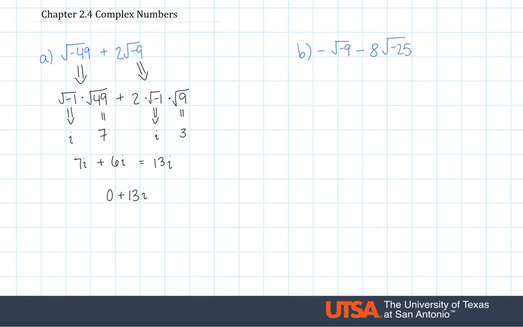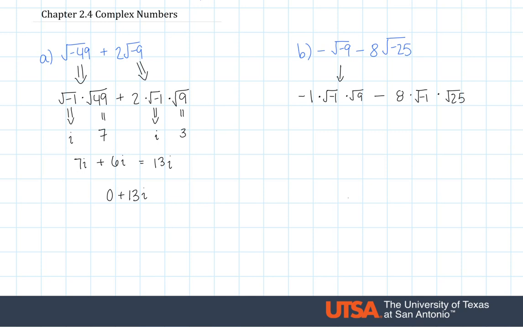Okay, similarly, then we're going to do part B. We know that this here is root negative 1 times root 9, and then it has a negative on the outside that is being multiplied. Then we have a minus, then 8 times root negative 1 times root of 25. And then again, we're just going to simplify.